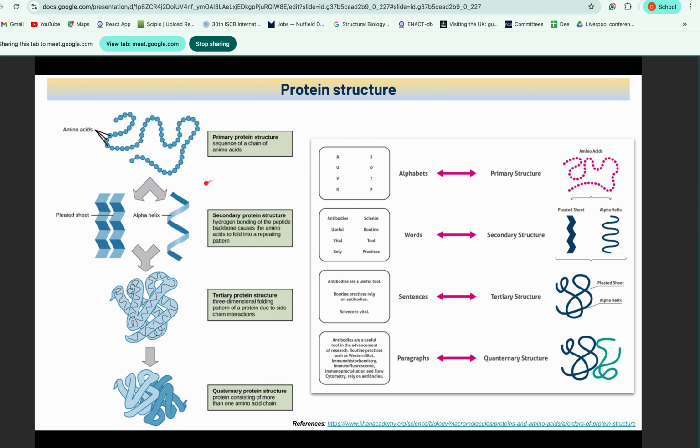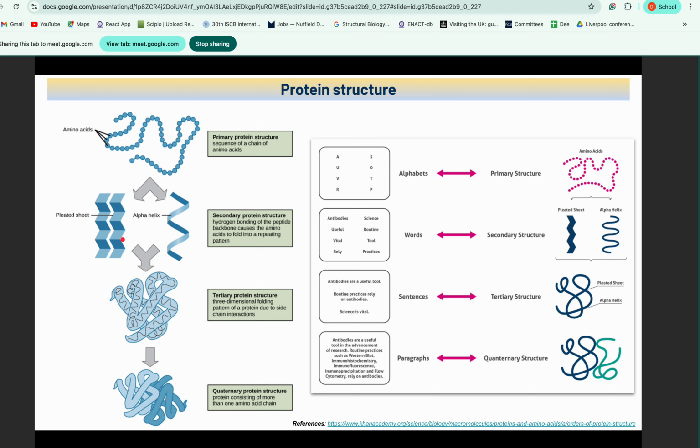Then in the secondary structure, we look at how these amino acids are linked to each other with the help of hydrogen bonding. These form smaller substructures such as alpha helices and beta sheets. If beta sheets are arranged in parallel, they are parallel beta sheets.